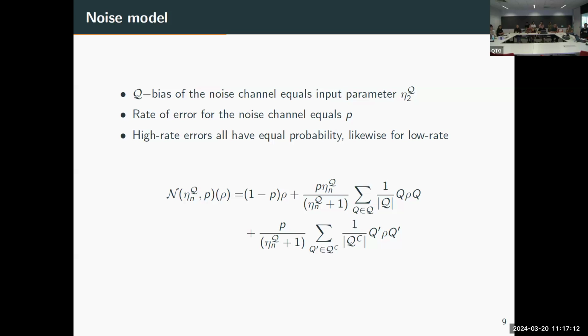Okay, so there's a set Q, calligraphic Q, that labels a set of high rate Pauli errors. Yes. Essentially not just one, but we're literally dividing the Paulis into two, one that's more likely, one that's less likely. And then those sets have some number in them. Right? Yeah. Okay. And then that gives you a 2-parameter noise model.